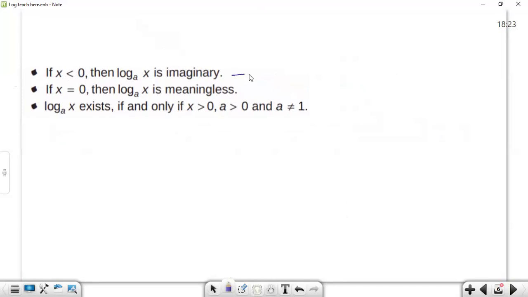So the first condition here, logarithm of x to the base a. Now here x is not the exponent. So considering this to be, let's say, b, what is written here is a raised to power b is x.